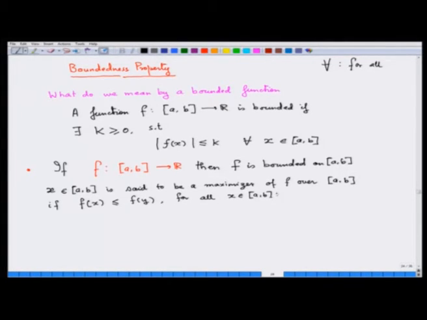If you want to look smarter, then you can write f of x equals the supremum of f of y, y element of AB.